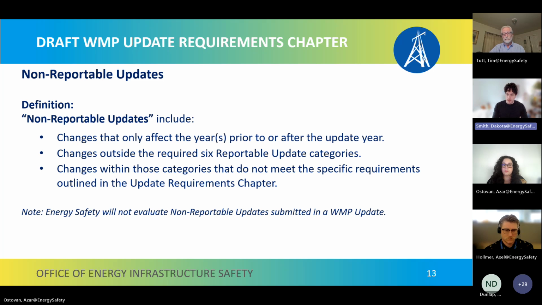As a note, that is different than last year. Energy Safety will not evaluate non-reportable updates submitted in a WMP update. So that's some new language in this version of the guidelines.